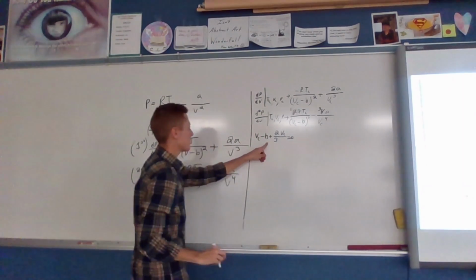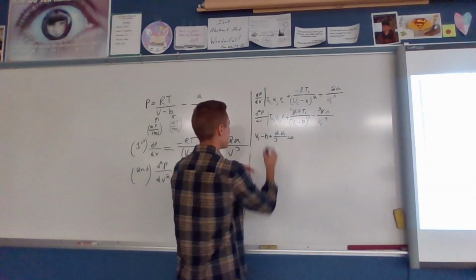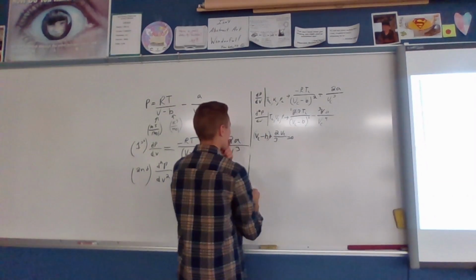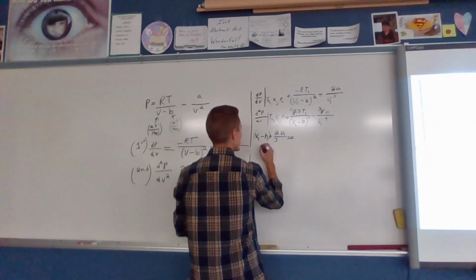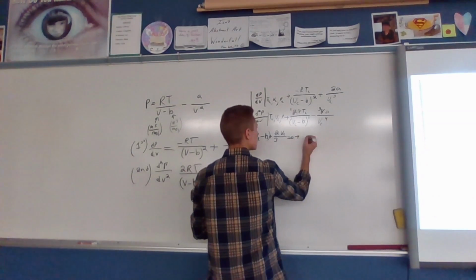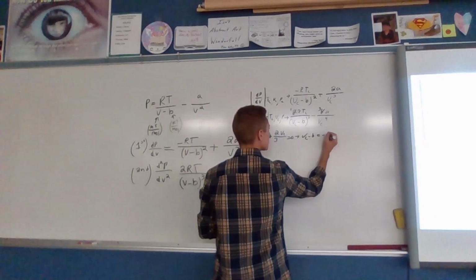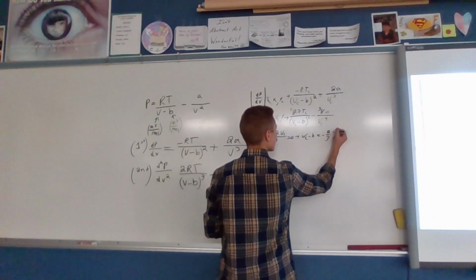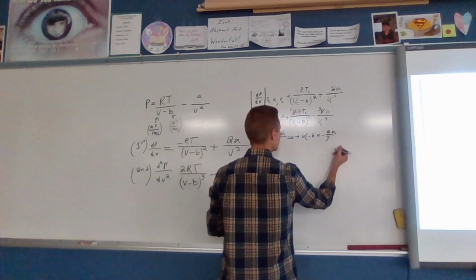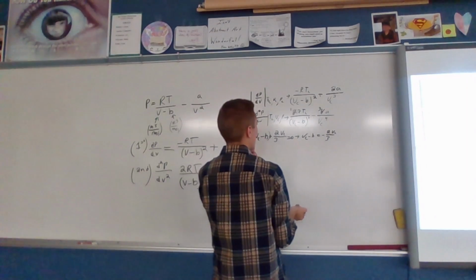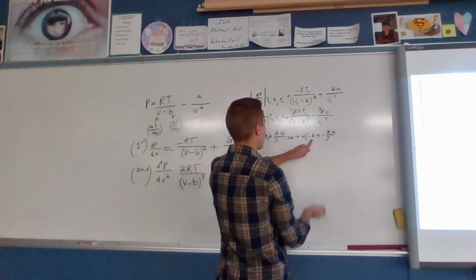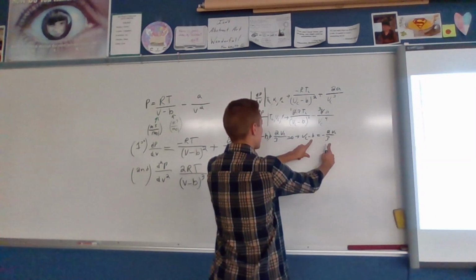Now that we have this, we can start solving. We can move things around and set them equal to each other. So this would go to our VC minus B equals negative 2/3 critical volume. Let's switch the sides on these.